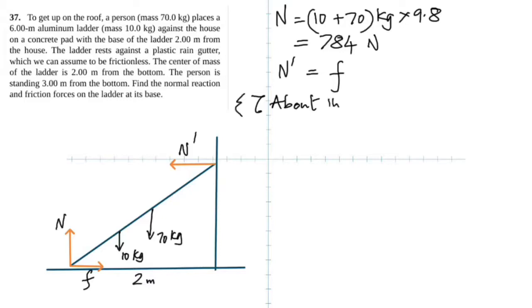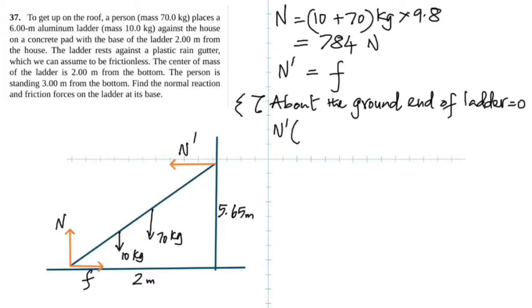So we are calculating the torques about the ground end of the ladder. Alright, so that distance is 5.65 meters, just by squaring this, subtracting the square of this and taking the square root.